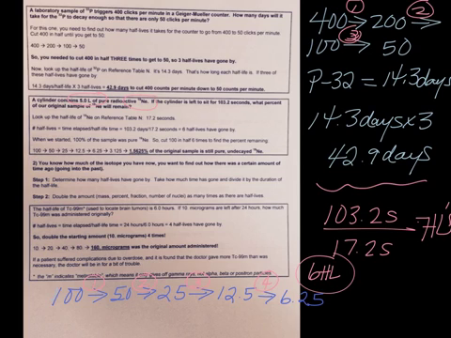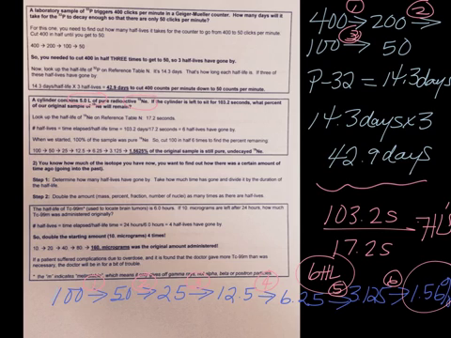I need 2 more half-lives. Half of 6.25 is 3.125, and then I need 1 more. Half of 3.125 is 1.56 and change percent. So there is my 5th half-life and my 6th half-life. And then I have my answer.